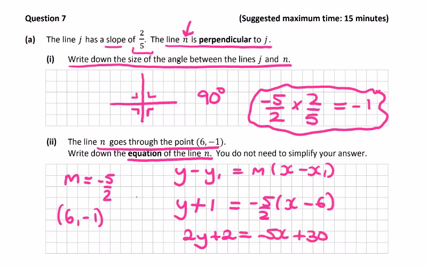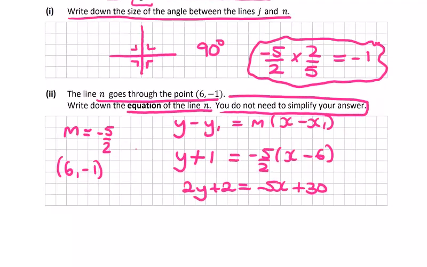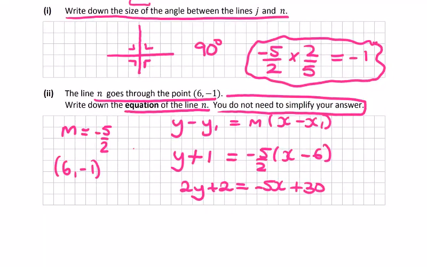It says here, you do not need to simplify your answer. Now, what does that mean in a mathematical question? I do not know. Can you leave it like this? Well, if we have a negative x, I tell you to bring that to the left. So we're going to get 5x, the 2y is already there, equals 30 minus 2, which will be 28.